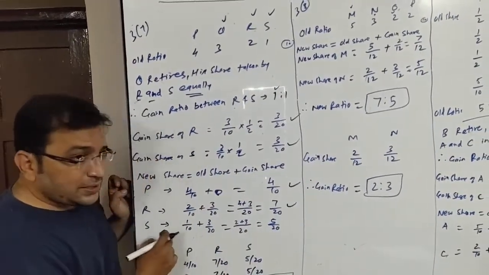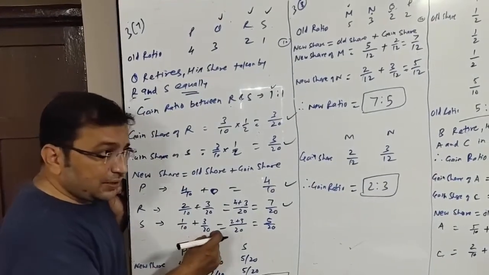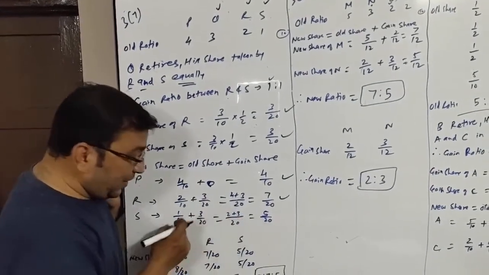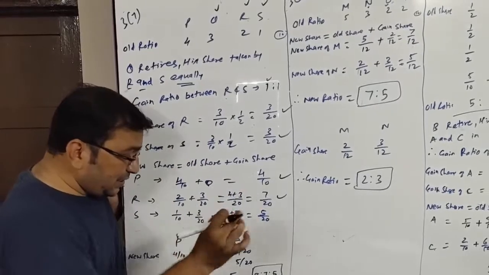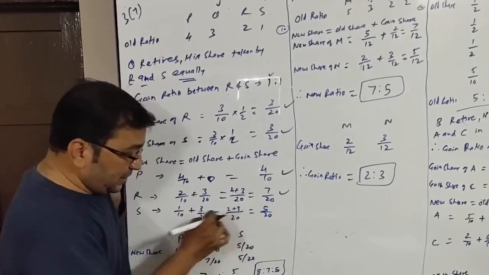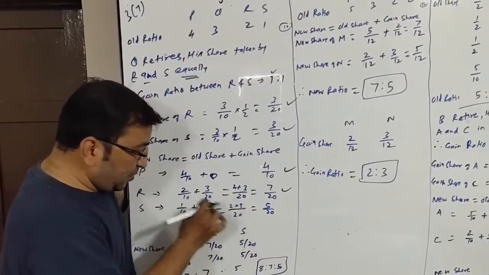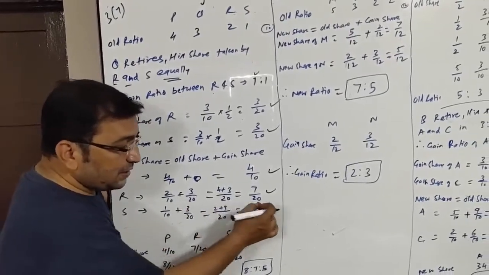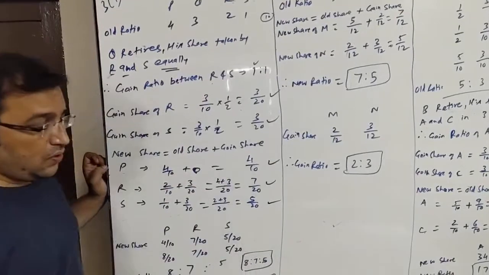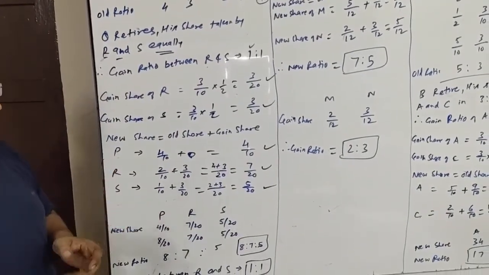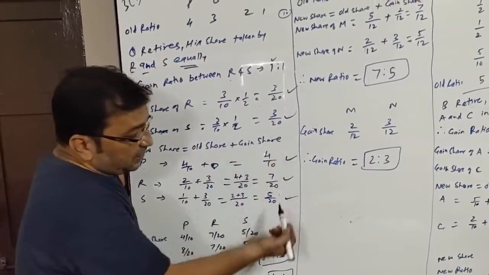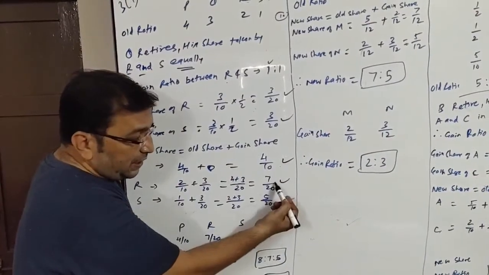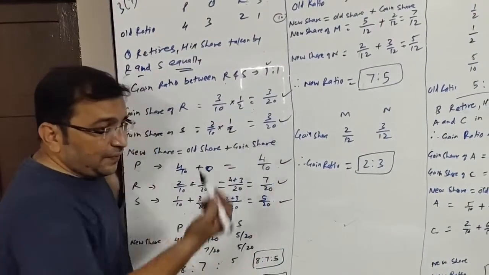The same way for S, old share was 1/10, gain share is 3/20, 20 will be the LCM, 10 goes into 20 two times, 2 times 1 is 2, plus 3, so 5/20. So finally the new share for all three will be 4/10, 7/20 and 5/20.